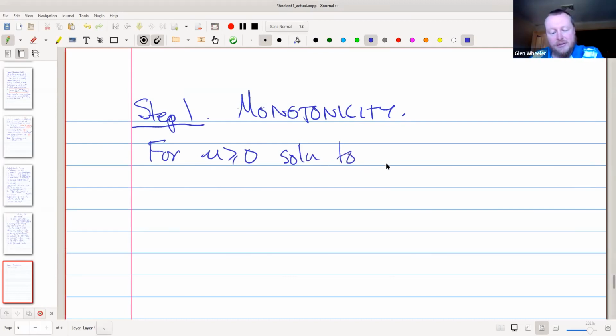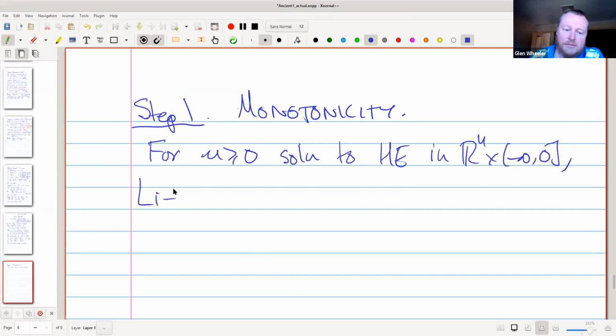For u greater than or equal to 0, a solution to the heat equation, an ancient solution, I'm just writing the same thing over and over again. We apply Liao, and what do we get?